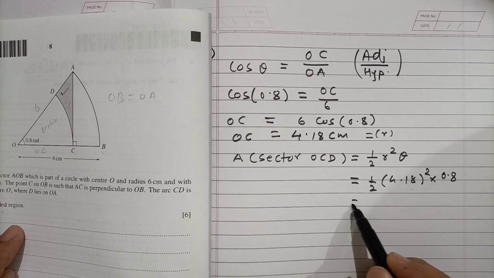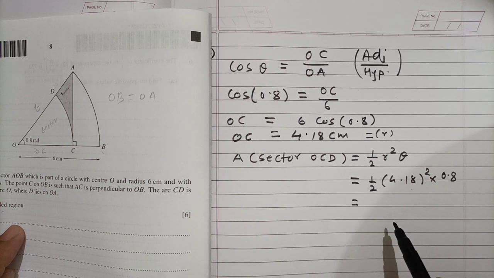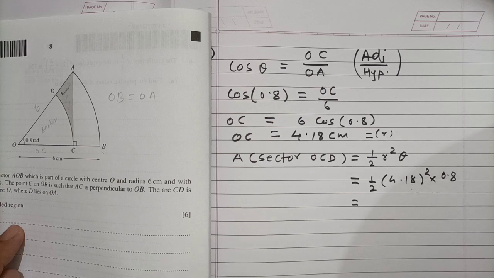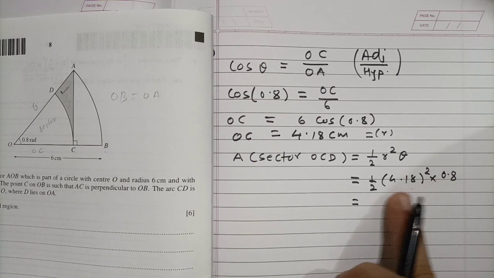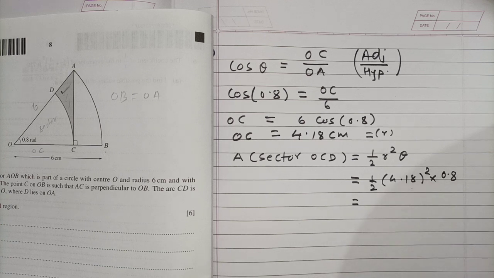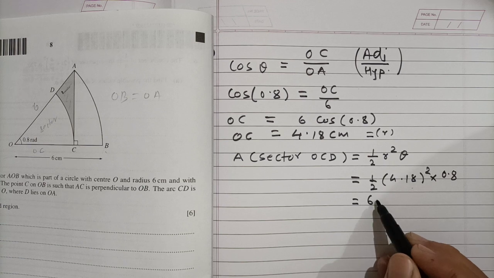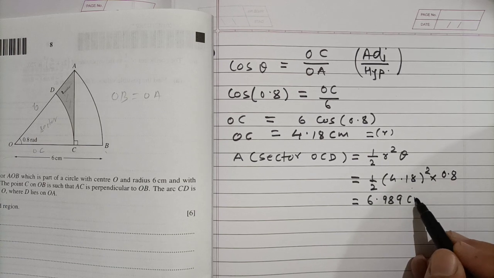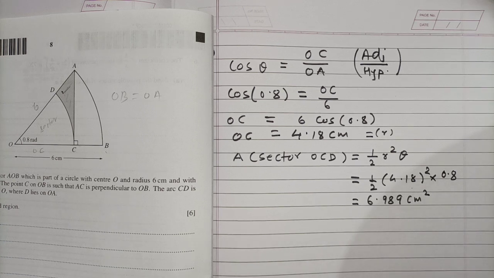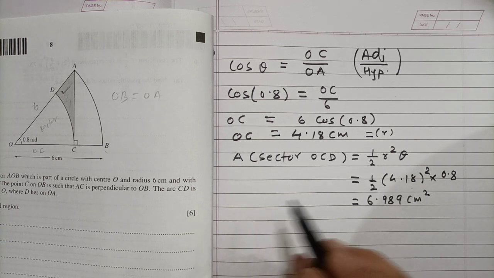Using the calculator, half into 0.8 is 0.4, then square. So we can see that this is 6.989 centimeter square.